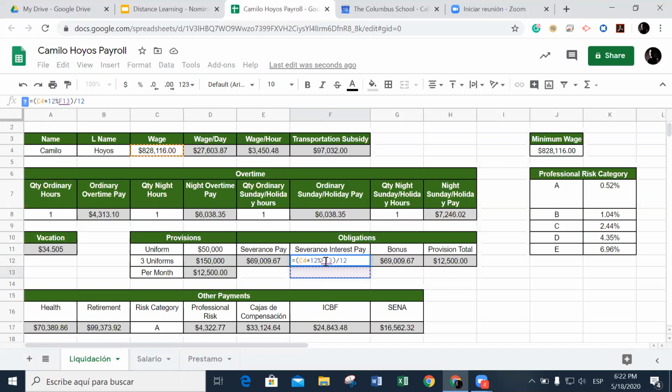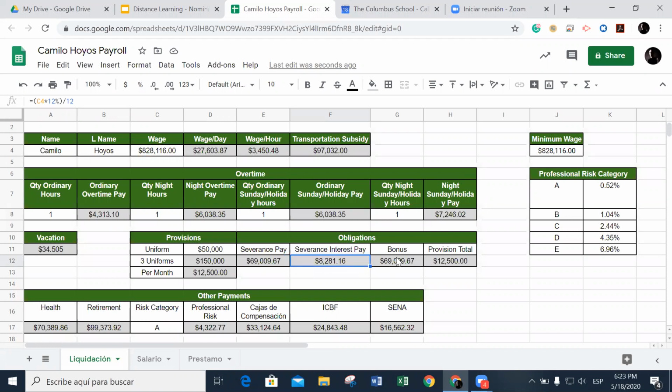So if you notice the formula I'm putting here, the C4, which is the wage, times 12%, because that is the interest amount, is 12% of this, and then all of this divided by 12. Why? Because this 12% of this is per year, but I want it per month. So since I want it per month, it's divided by 12. So that's the formula that goes in here in severance interest pay.